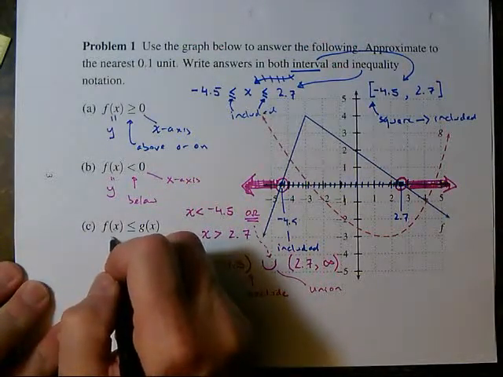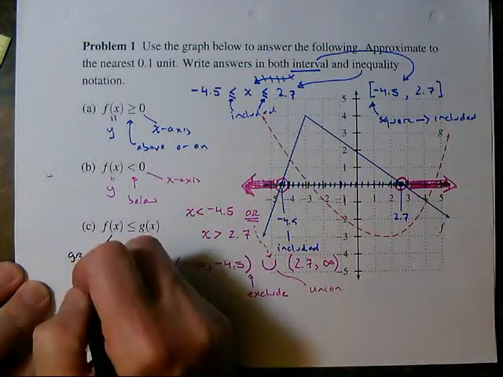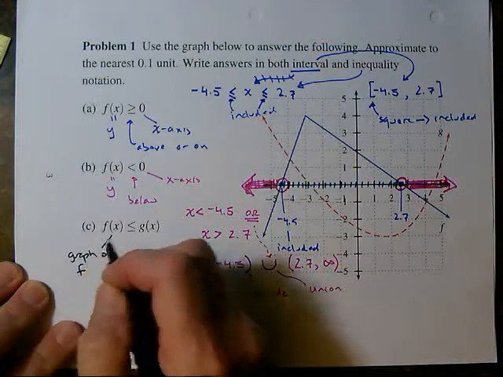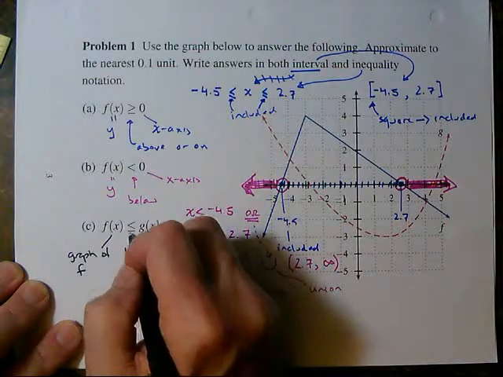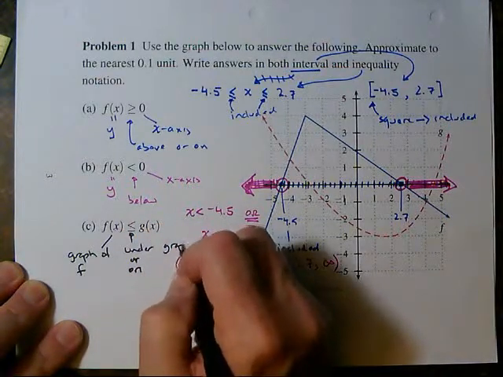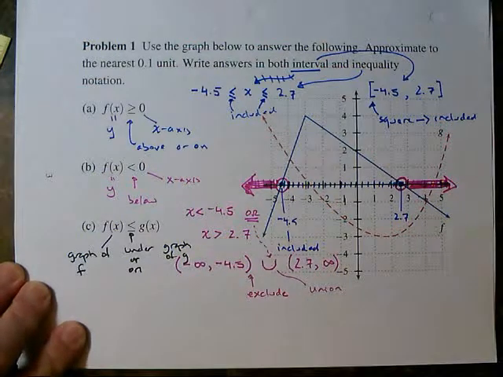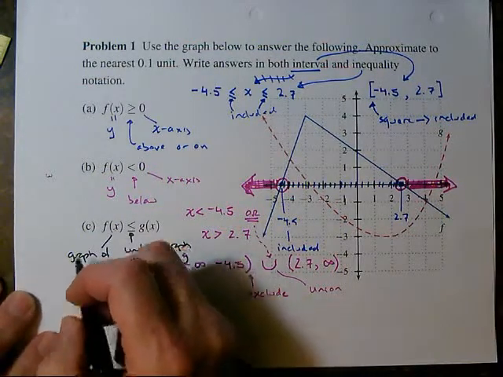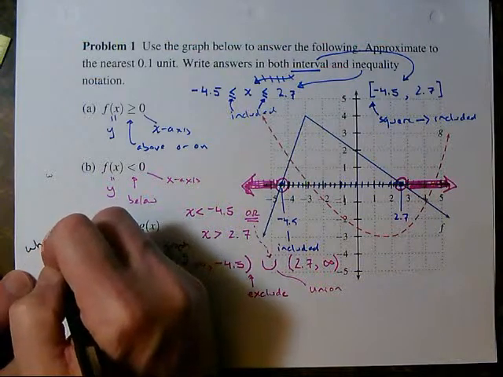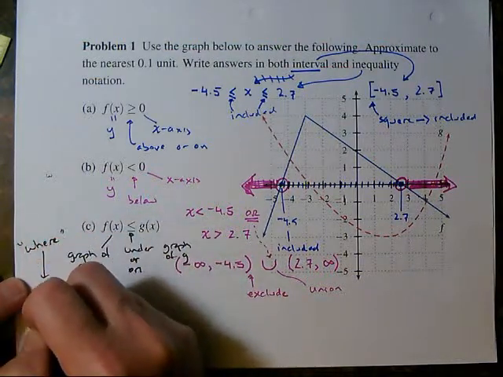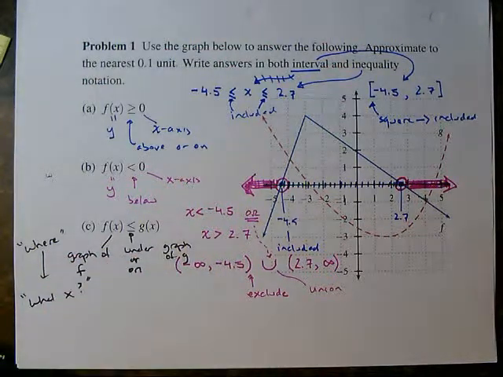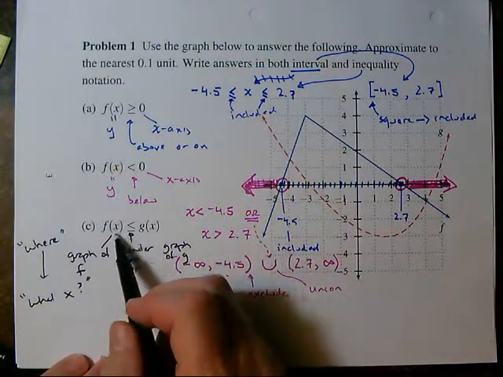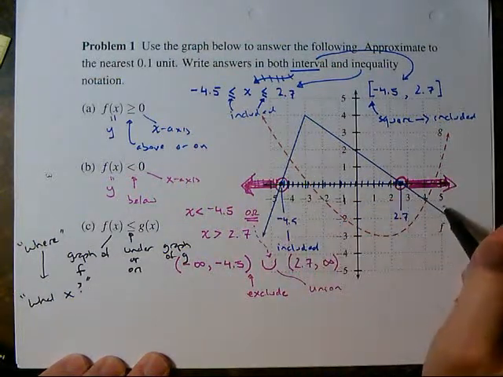Now, with part C, we're asking where is the graph of f under or on the graph of g. Now, when we ask where, that means what x, or what possible values of x.